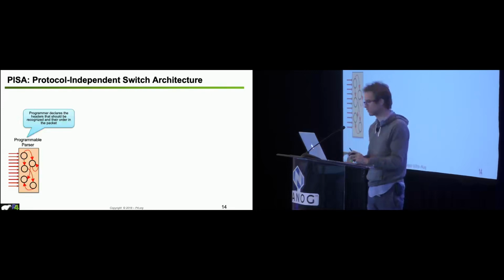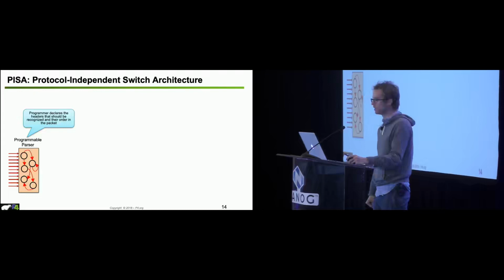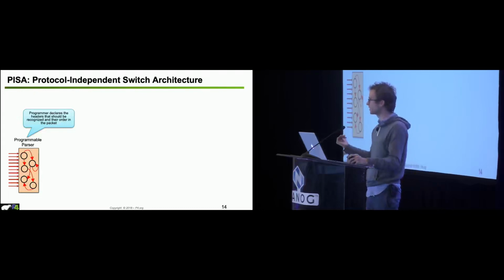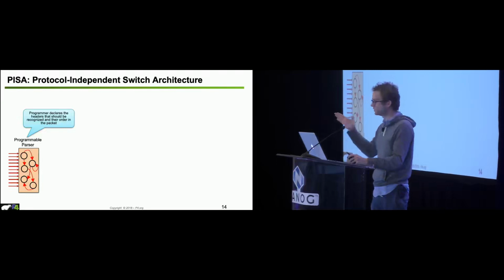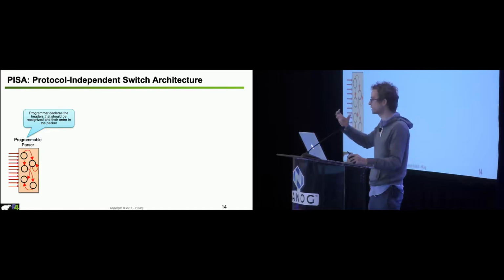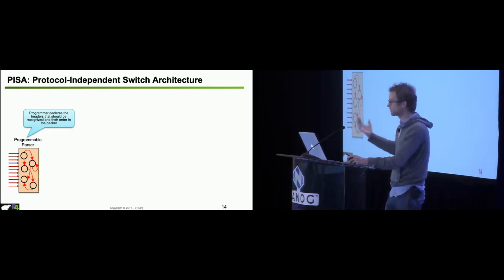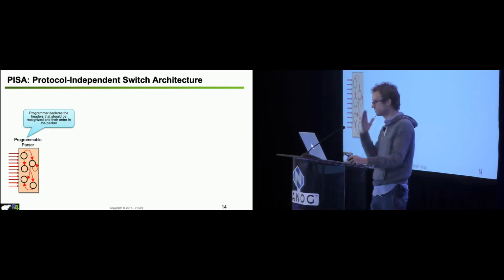I'm going to give a very simple example. If you know that your program is only going to be processing Ethernet packets, well, the entry point in your programmable parser is going to be an initial state, which is going to extract 14 bytes from the packet. So 6 bytes of DMAC, 6 bytes of SMAC, 2 bytes of Ether type.